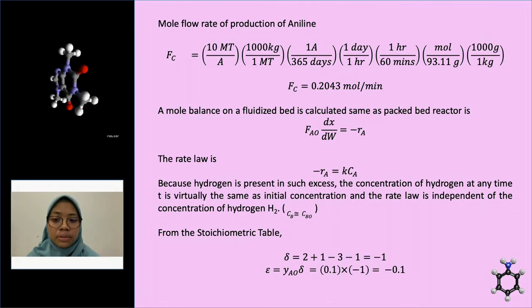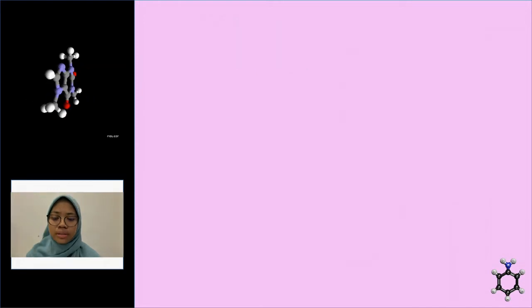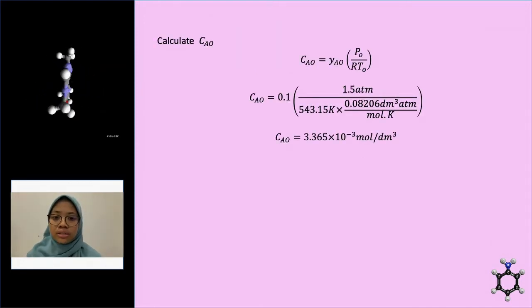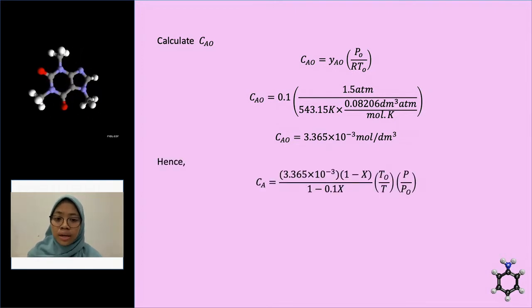From the stoichiometric table, delta is calculated as -1 and epsilon is equal to -0.1. Then, calculate the Ca0 or initial concentration of nitrobenzene using the equation Ca0 equals Ya0 multiplied by P0 over RT0. Plugging in all the calculated data, we got Ca0 equals 3.365 times 10 to the power of -3 mole per dm cubed. Hence, Ca equals 3.365 times 10 to the power of -3 multiplied by (1 minus X) over (1 minus 0.1X) times T0 over T times P over P0.